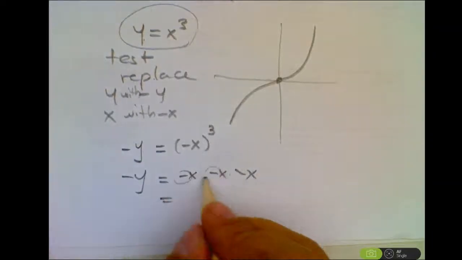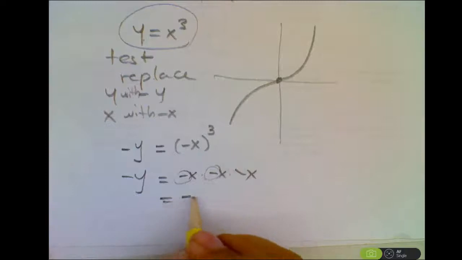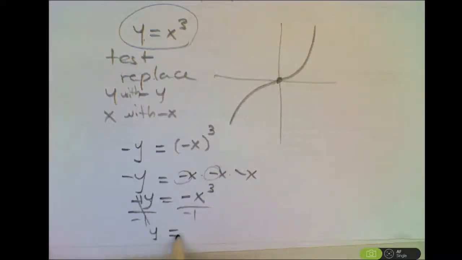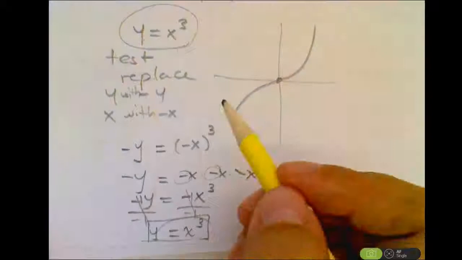Now negative times negative is positive, times negative is negative, so negative x cubed. Now remember that negative y is negative 1 times y, so when I divide both sides by negative 1, these two negatives cancel out, and you have y equals x cubed, which is actually the same function that you started with.